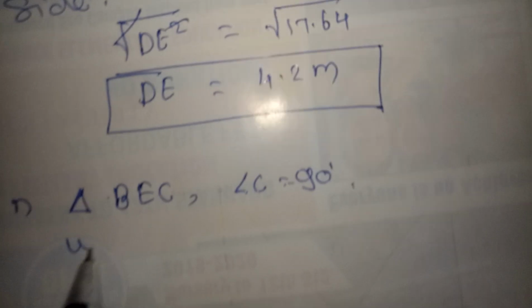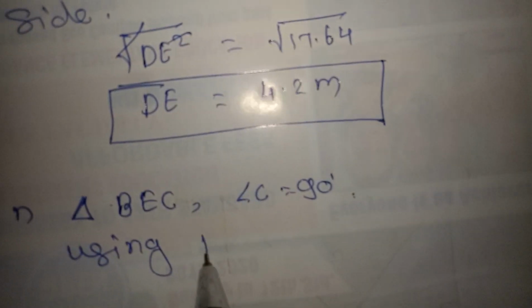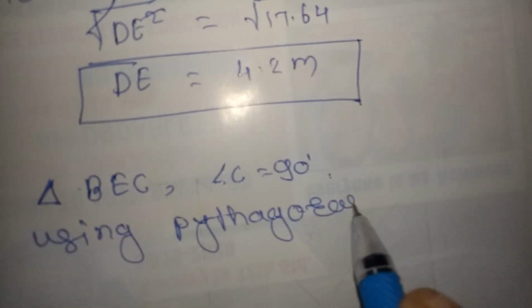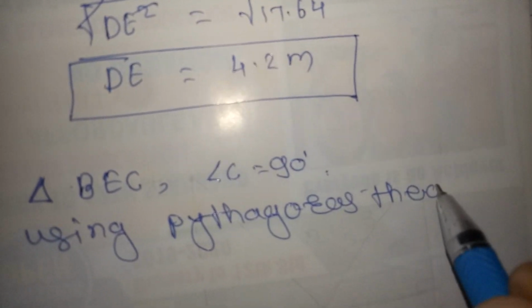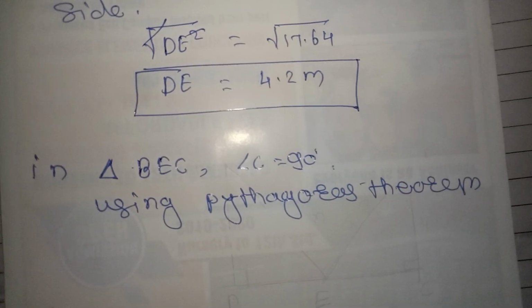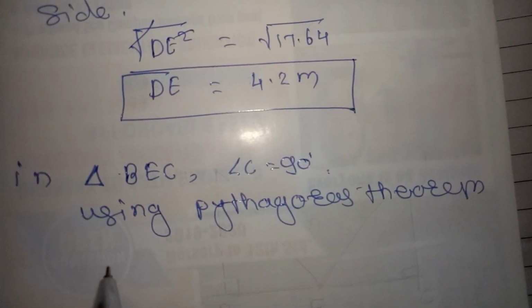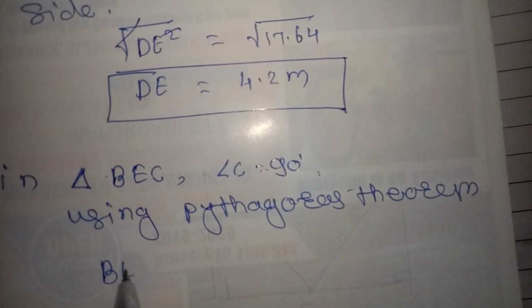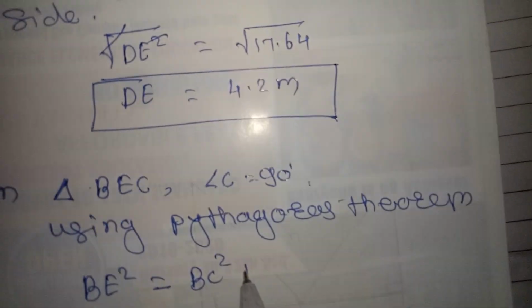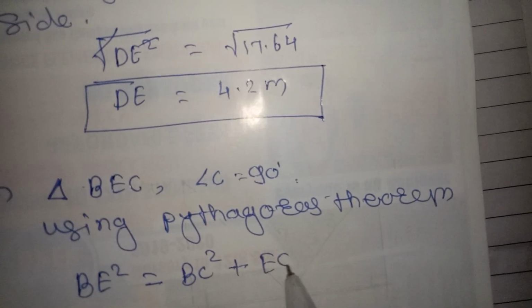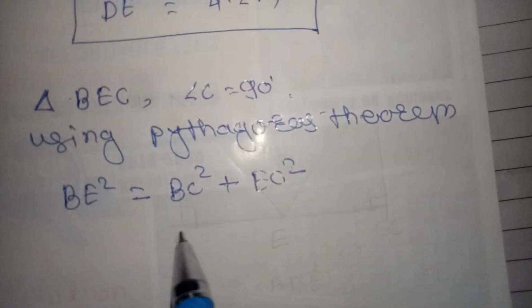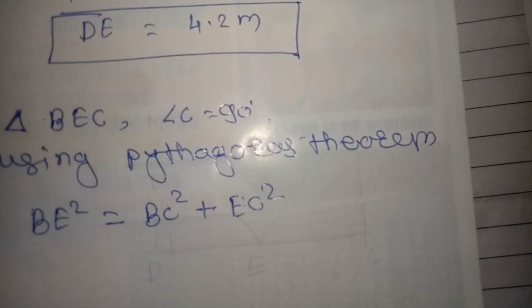That's why by using Pythagoras theorem, BE square is equal to BC square plus EC square. But we have the values of BE and BC, we have to find EC square.